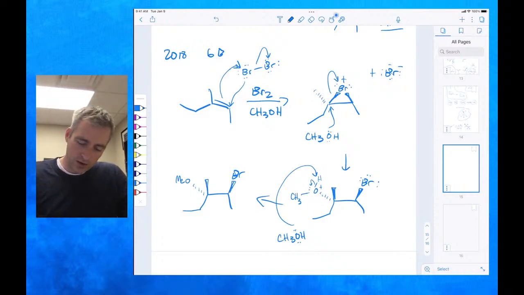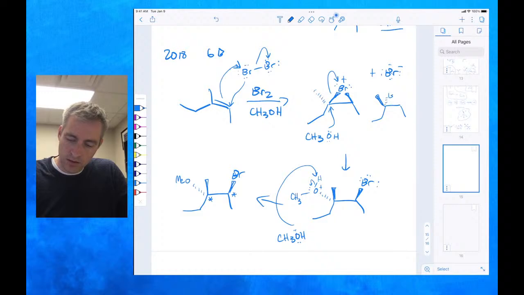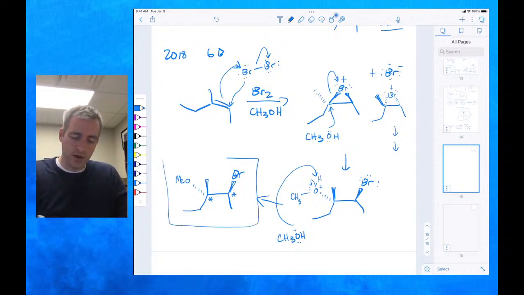This is a chiral molecule. We've got a chiral center there and there. You're also going to do the exact same thing with the bromine adding the other way around. So if you think of this instead over here, this is going to go through the same sequence of reactions as the one I drew to give you the enantiomer, the mirror image of the molecule we got over here as our final product.